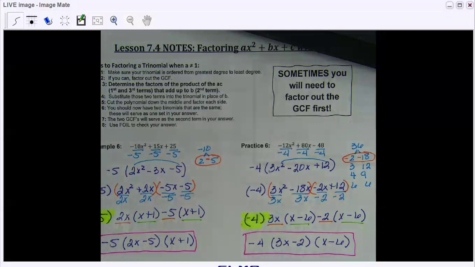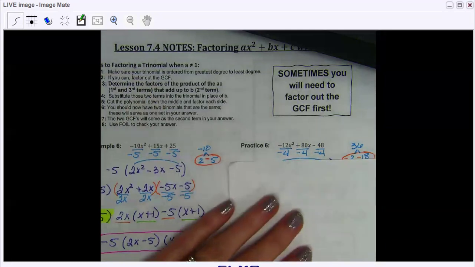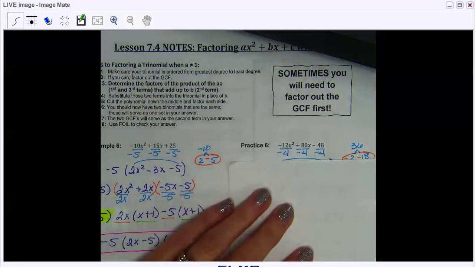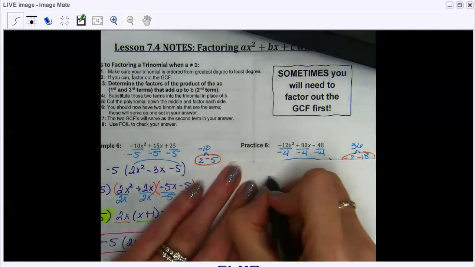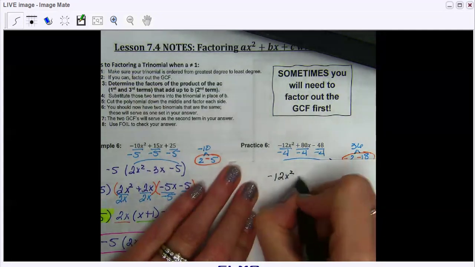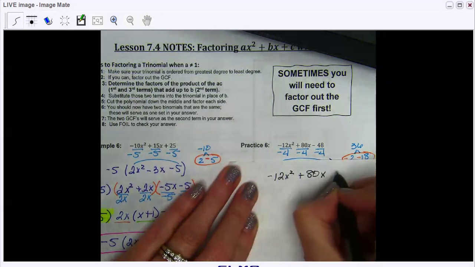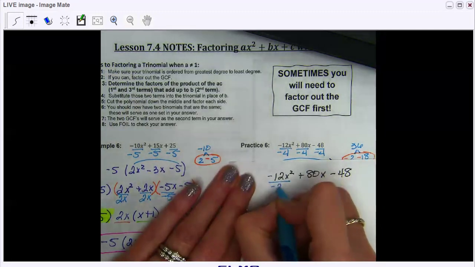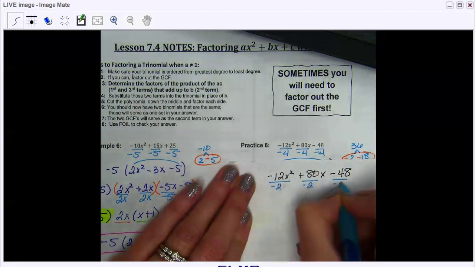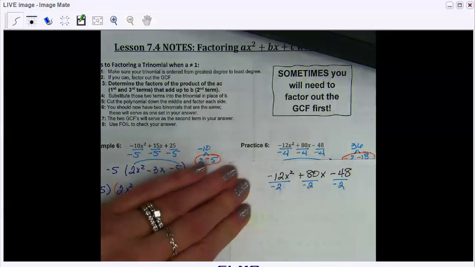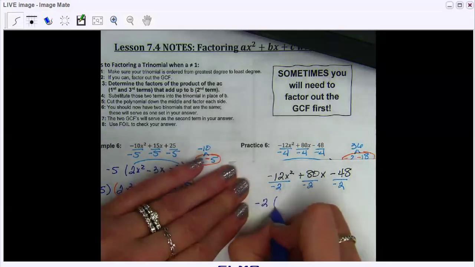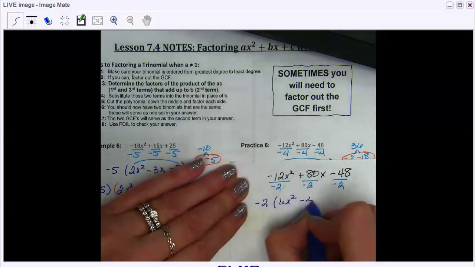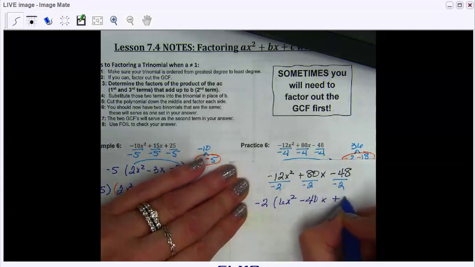On example 6, say instead of taking out a negative 4, I'm going to rewrite this, and I'm just going to show you what you can do. If you ended up taking out a negative 2, you would have had negative 2, and then 6x squared minus 40x plus 24.